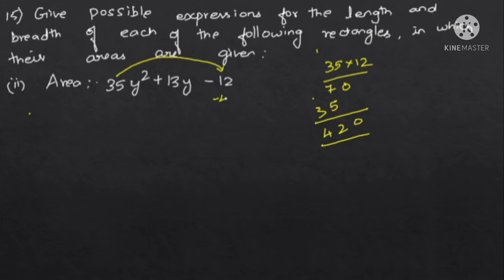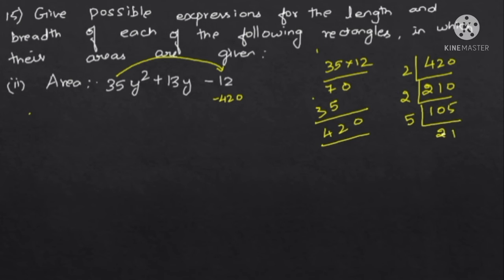That is, we have to get this 420. Now we have to find the factors of 420. Let us start with two tables, next 5 tables, and 3 7s are 21.